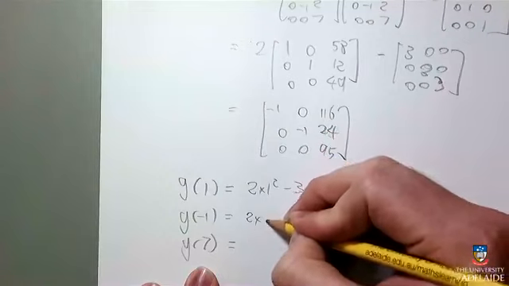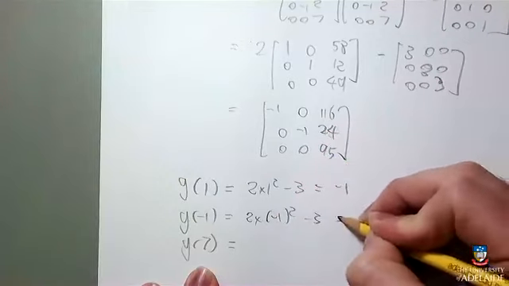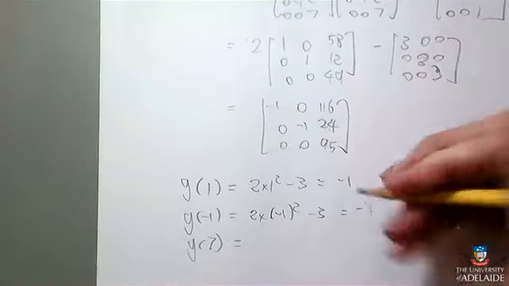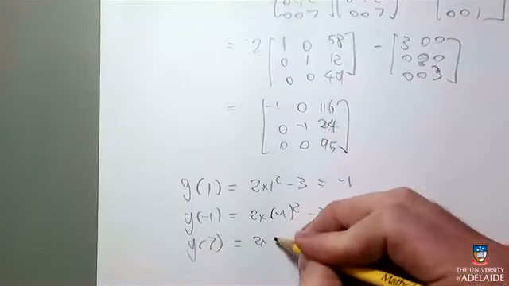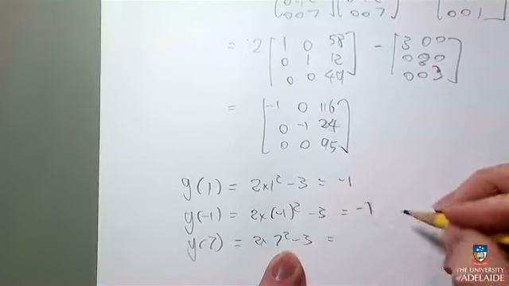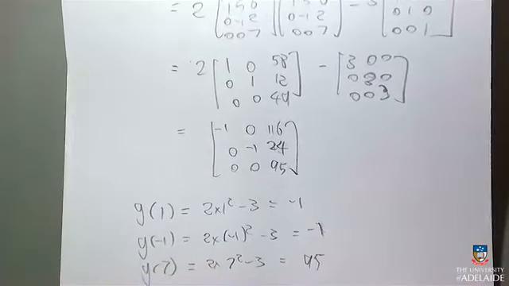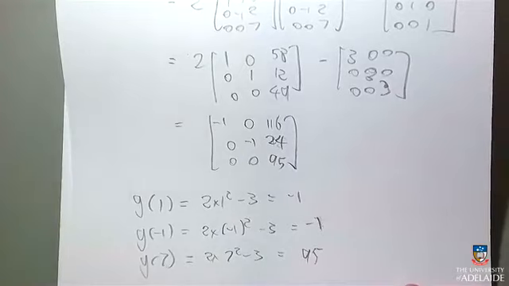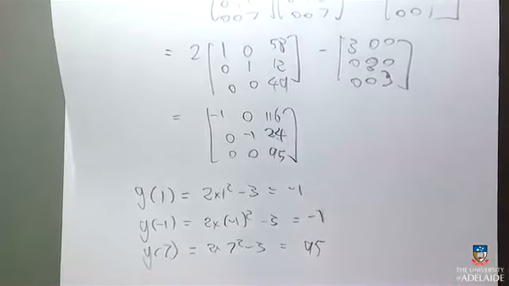And 2 times minus 1 squared minus 3, which is 2 times 1 minus 3, which is also minus 1. And 2 times 7 squared minus 3, 2 times 49 minus 3, 95. Oh, look at that! It's the eigenvalues of the new matrix! It's the coolest thing! And it's got one of the best proofs of all time. Yay!